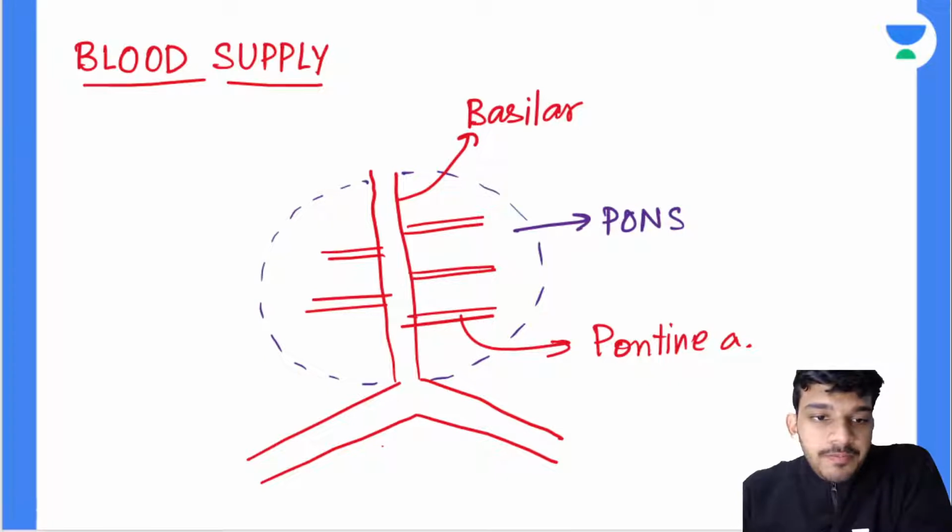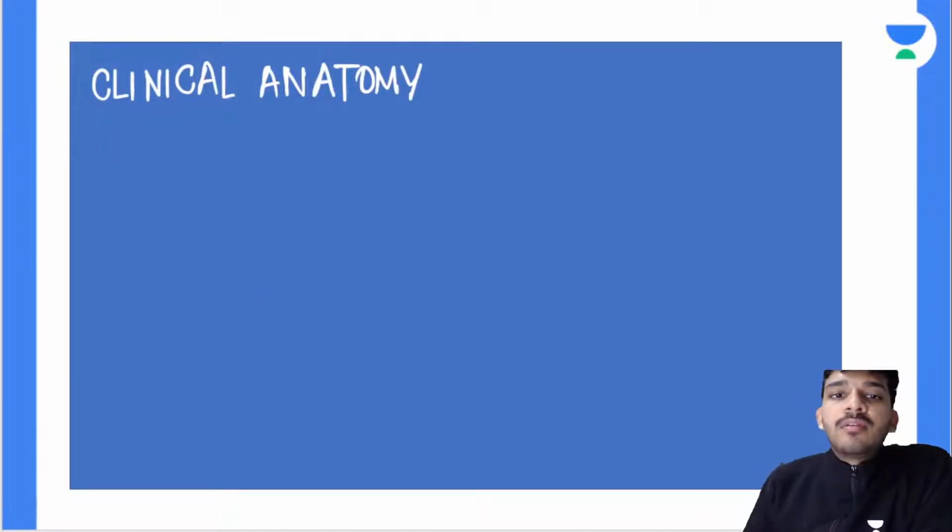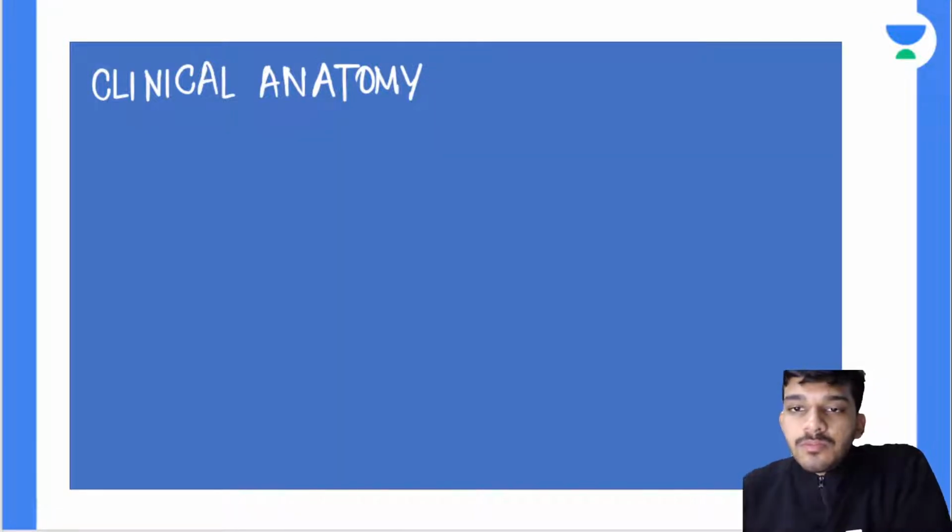Clinical anatomy. Okay, so there are 2 or 3 things that we have to discuss in the clinical anatomy of the pons. Are you ready? Okay, so there are multiple syndromes here.